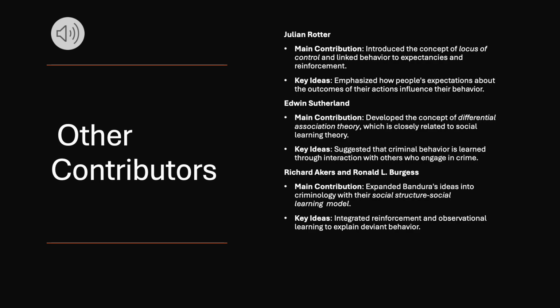Other contributors like Richard Akers and Ronald Burgess expanded from Bandura's ideas into criminology with their social structure, social learning model. The idea here is that it integrated reinforcement and observational learning to explain deviant behavior.